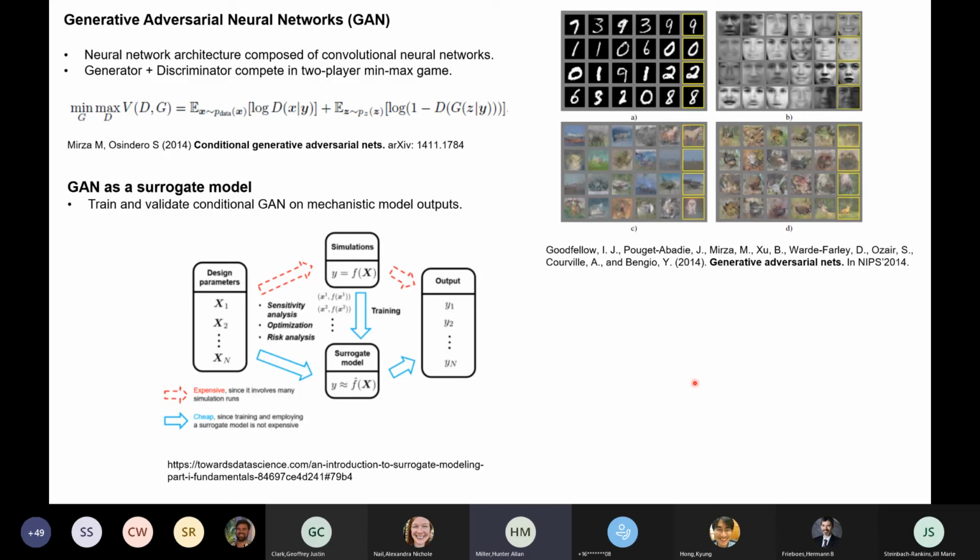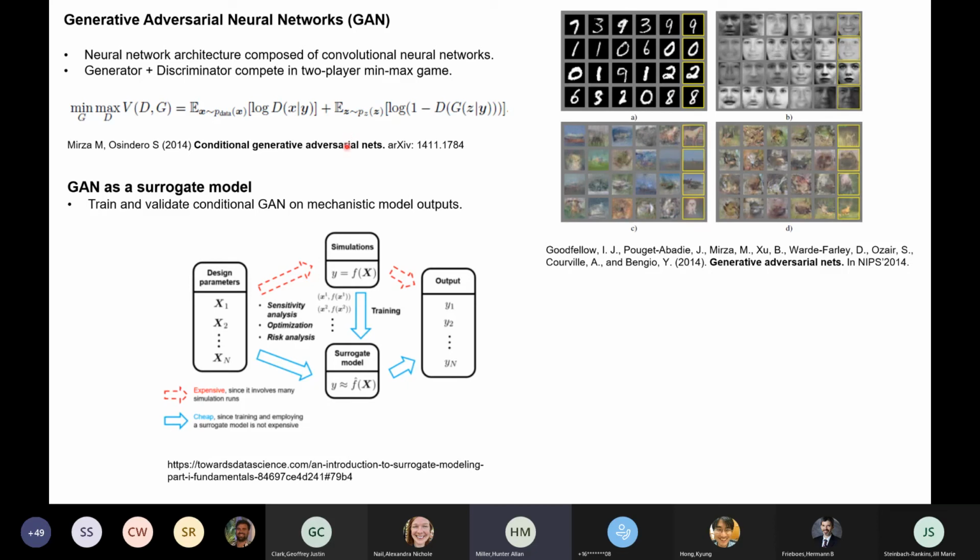It is often described as a generator and a discriminator competing in a two-player minimax game. Simultaneously, the parameters for the generator and the discriminator are adjusted until the discriminator is no longer able to distinguish real data from fake data created by the generator.